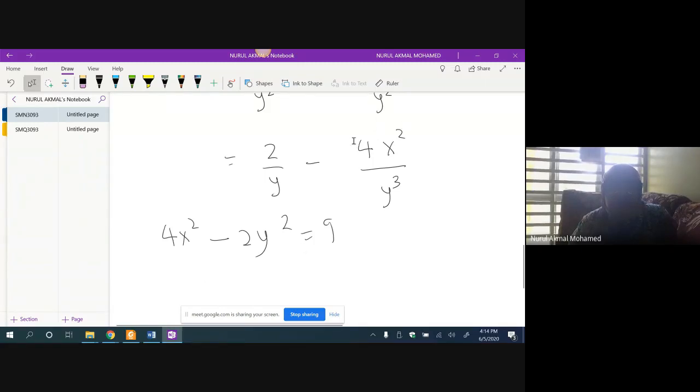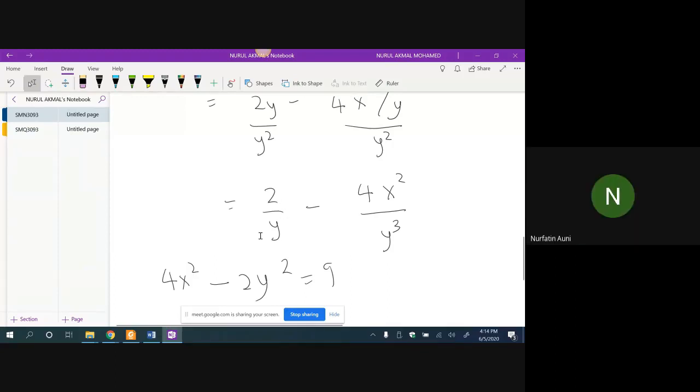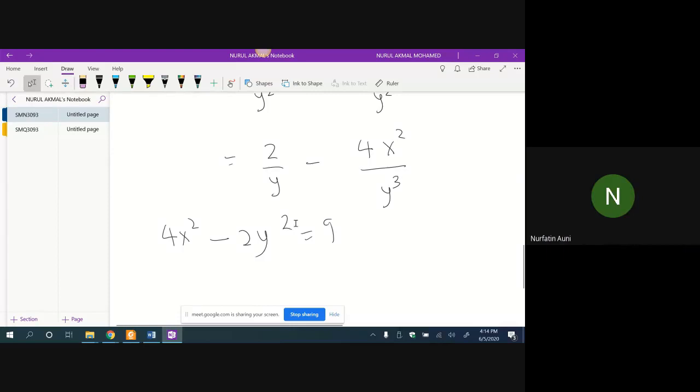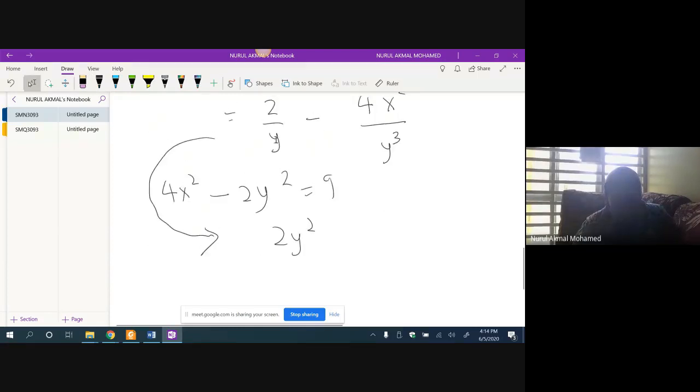So we already have 4x squared here. Multiply 2 over y with y. Okay, you should not separate this like this. It should be 2y squared divided by y cubed minus 4x squared, divided by y cubed.